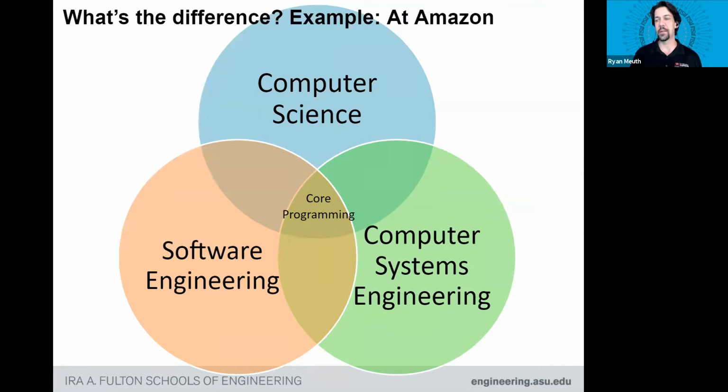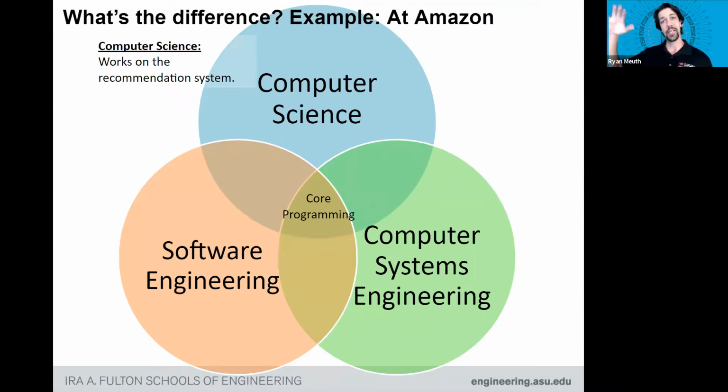So for example, at Amazon, something you might see for a computer scientist might be somebody working on the recommendation system. So when you choose or search for a product, there's an algorithm running in the background that is saying, okay, based on the history of the things that you've looked at already or the things that you've bought before, what have other people bought? What is the recommendation?